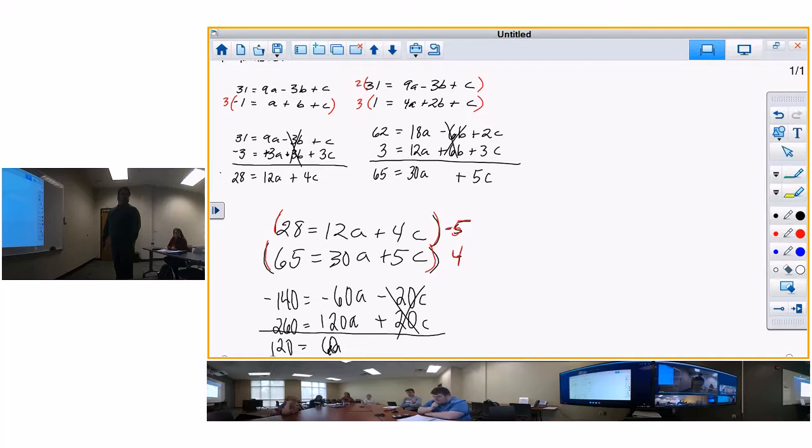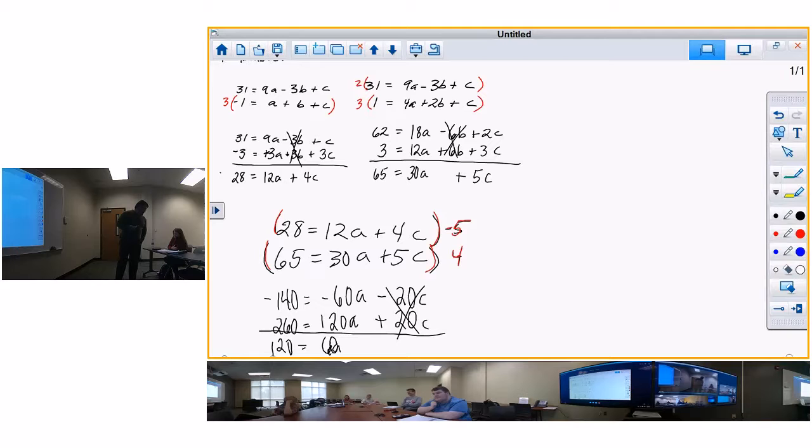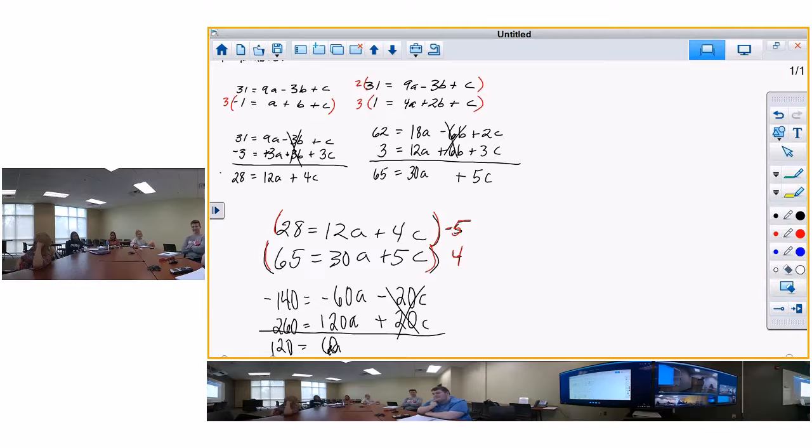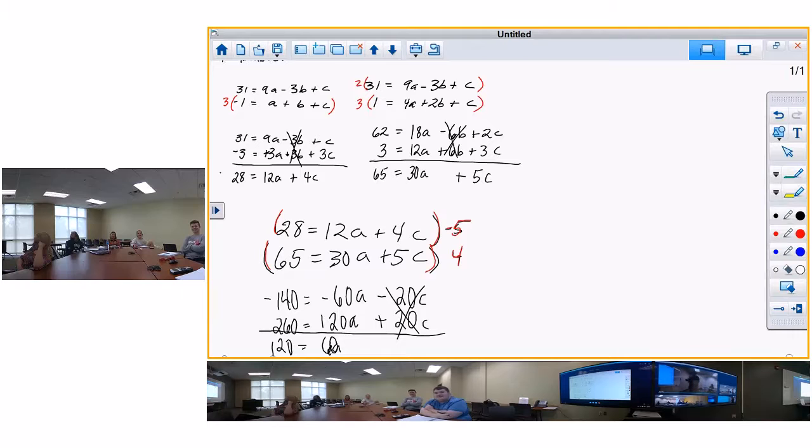A is 6? No, A equals 2, not C. What did I get for A? 2. Okay, so I'm still screwed up somewhere. No, you're good. Okay, whatever. I don't know if I'm right or not.